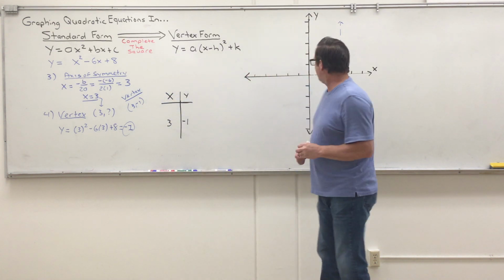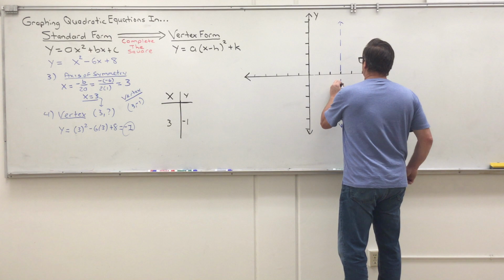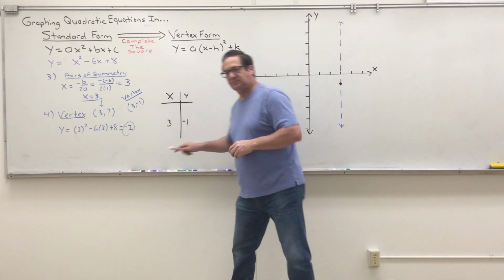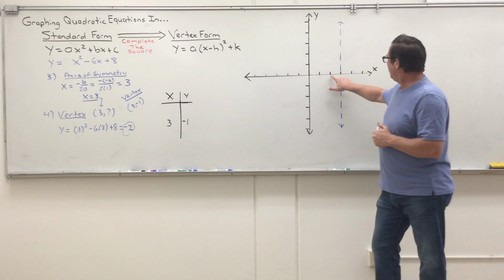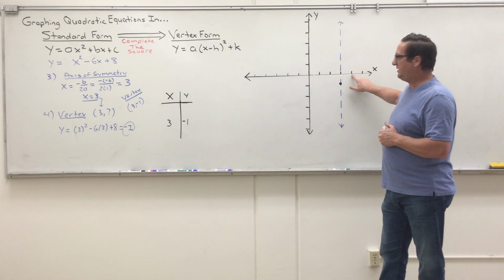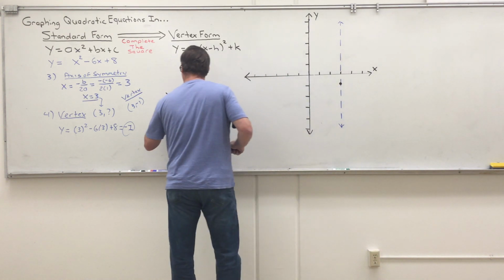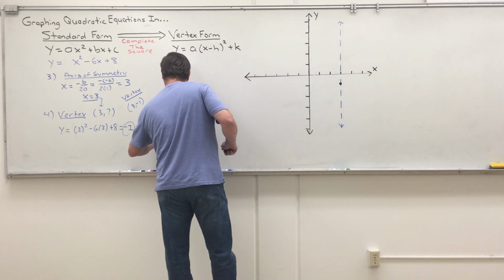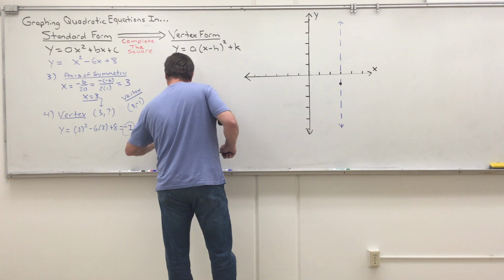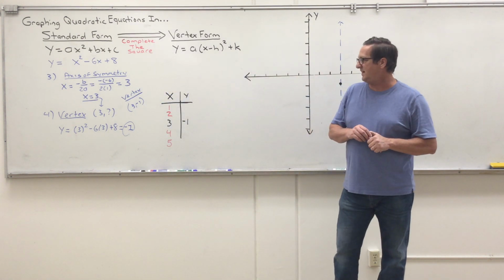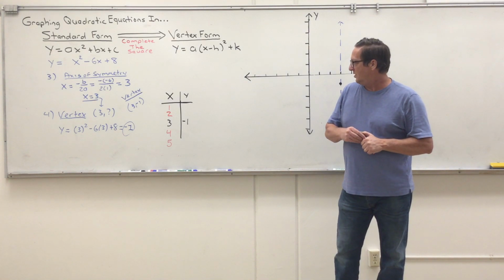So we had 3, -1, which is right there. And then we did a point here and a point here. So we have 4 and 2. And we have 1 and 5. Okay.